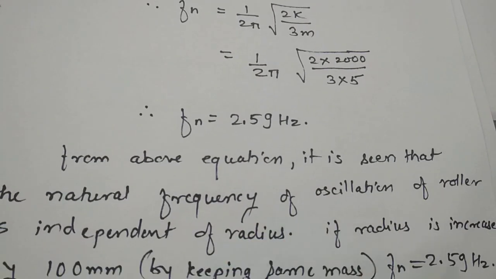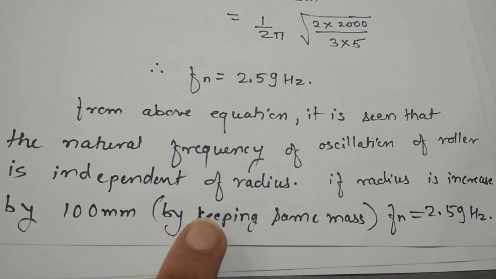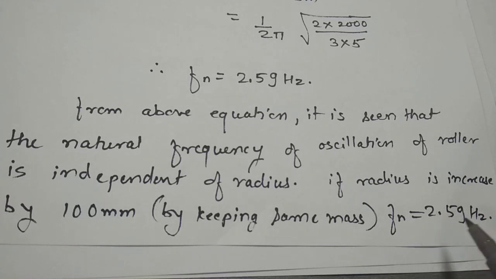So from the above equation, it is seen that the natural frequency of oscillation is independent of radius. If radius is increased to 100 mm, by keeping same mass, the Fn will be equal to 2.59 hertz. It will remain the same.